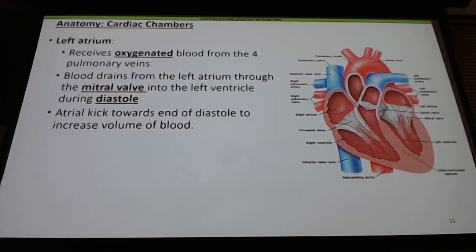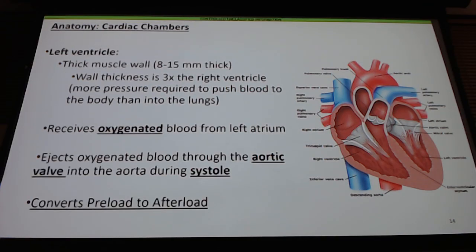During diastole, it will go through the mitral valve and into the left ventricle, which then will close the mitral valve as that ventricle starts to squeeze, and then it will open the aortic valve, and that oxygenated blood will leave the heart and start perfusing and providing oxygen and nutrients to all the vital organs.